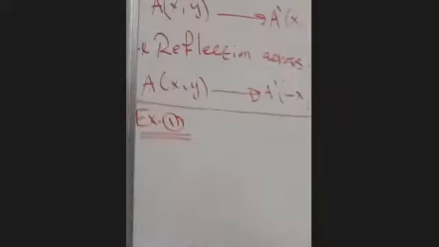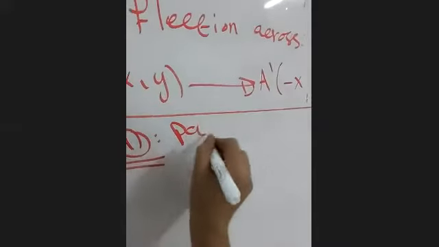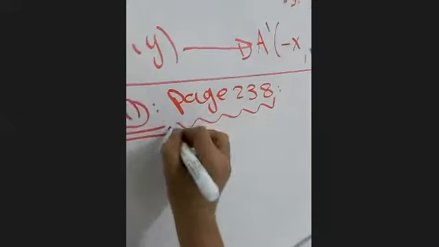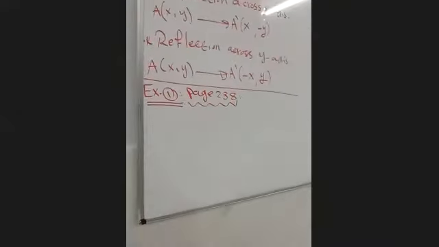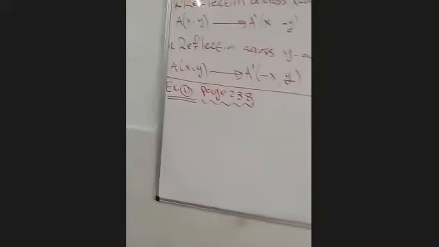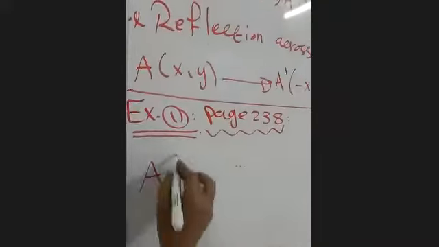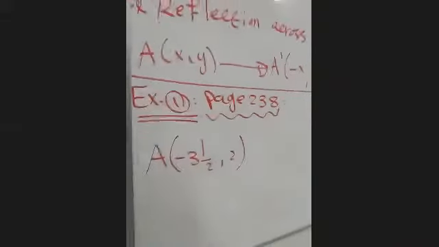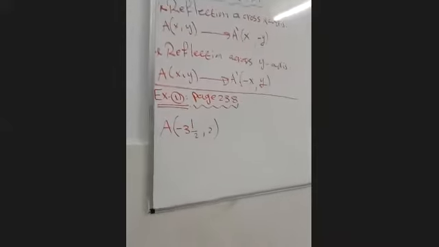Yes, Mister. Example one, page 238, guys. Again, guys, we are on page 238. We are in example one. Go, Ammar. Write the ordered pair that is a reflection of A, (-3 and 1/2, 2) across the x-axis. Across the x-axis. Thank you, Ammar.